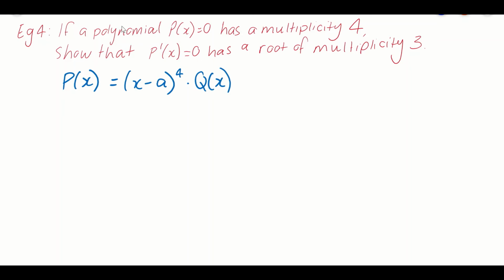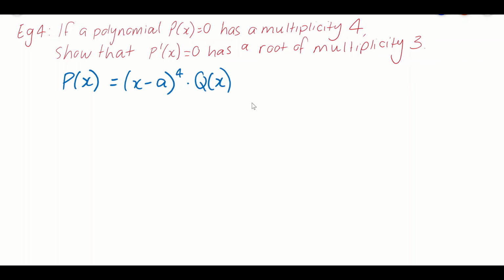It could be a power of 5, which means there's another root there, which I've represented with q of x, some other polynomial, some other function that it's timesing by. Because we don't know the overall root of the function, I need to include that there. I can't just assume it's x minus a to the power of 4 being the only root, as the multiplicity of 4 could be higher. So whatever q of x is.